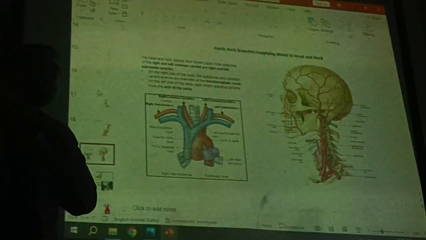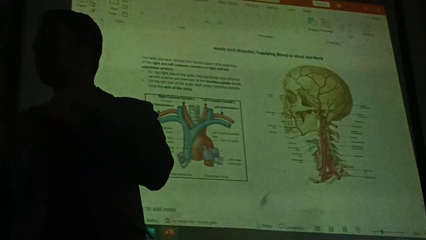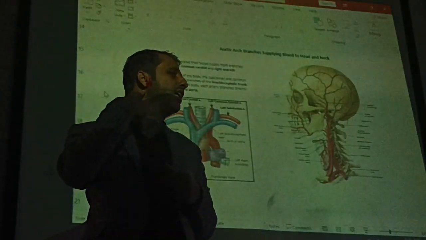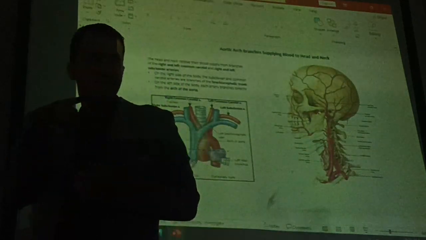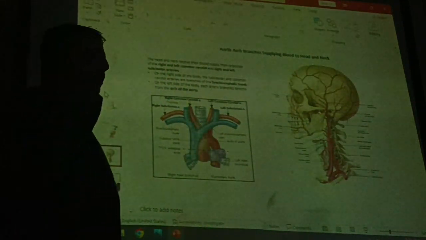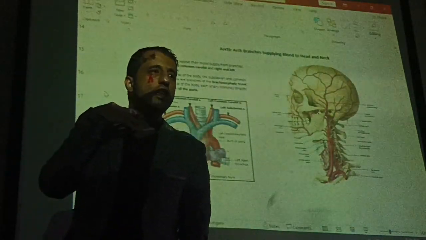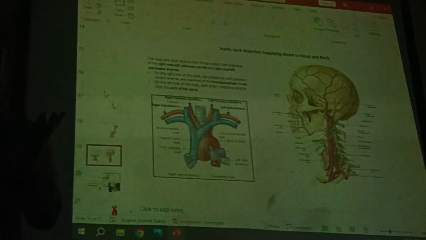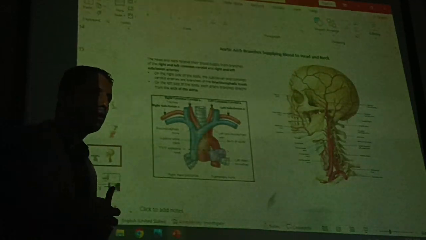In this area, at the level of Adam's apple and the anterior border of SCM, the common carotid artery divides into two branches: external carotid artery and internal carotid artery.